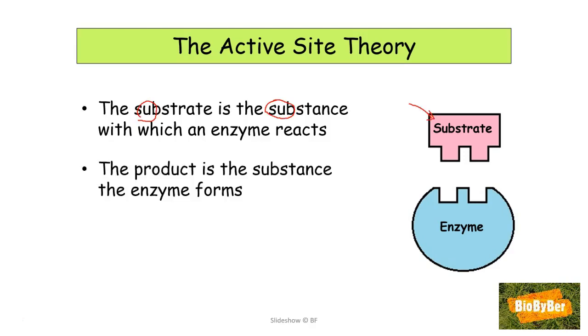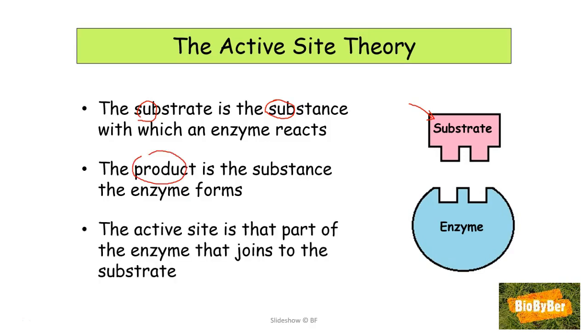The product is the substance the enzyme forms. In other words, the substance that's produced. Again, product and produced. The active site is that part of the enzyme that joins or matches the substrate, seen here.